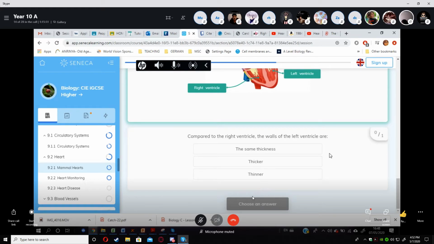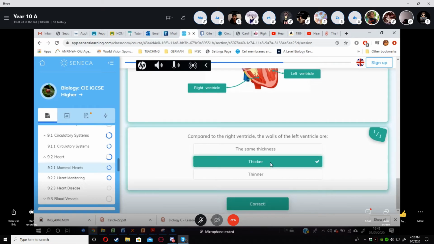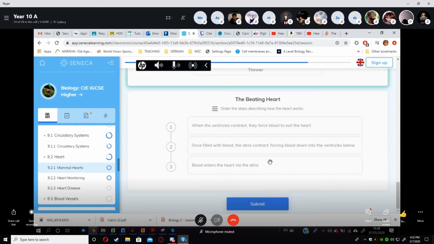Left ventricle, Adan. Oh, same? Is it thicker? Why is Daro saying same? All this big talk about why the left ventricle is thicker than the right ventricle, and now it is same, Daro. It's just, I don't know.